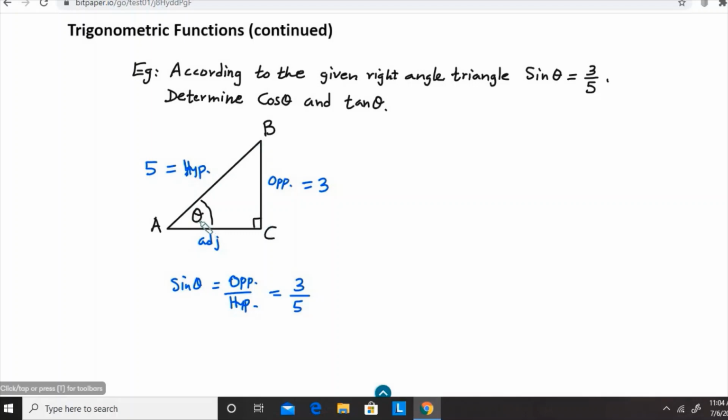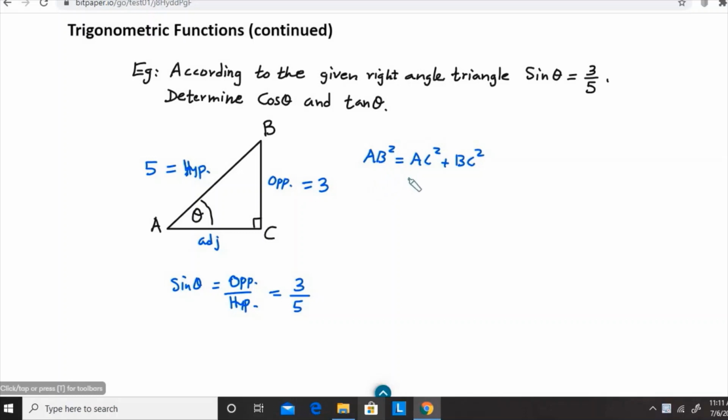We have a right angle triangle. Two sides are known. We need to find the third side in order to find the cosine value and the tangent value of this angle. So how do we find this AC length? We can use Pythagorean theorem. According to Pythagorean theorem, we have AB squared equals AC squared plus BC squared.